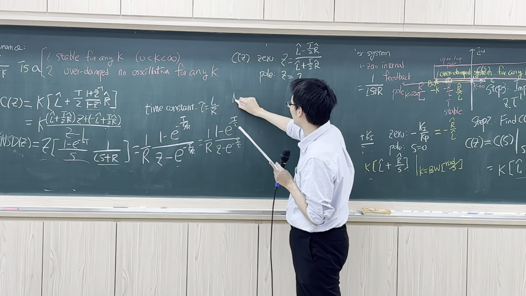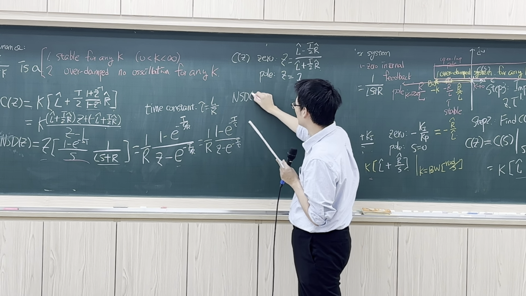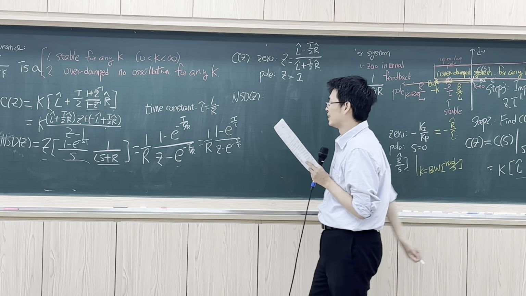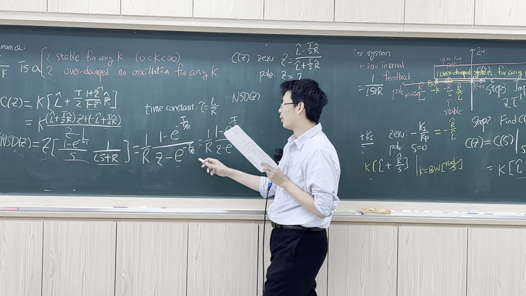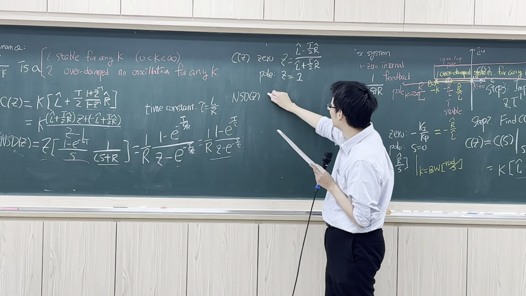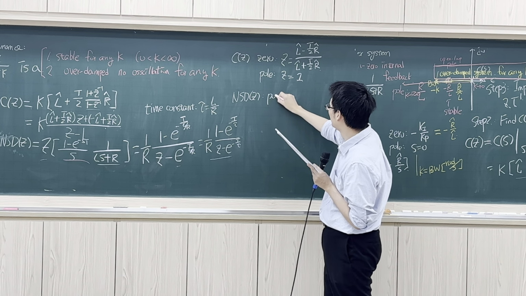How about NSDZ? First order system, similar to continuous time. Here, it should contain an additional open loop pole location, which is this one. Z is equal to exponential of minus T over tau.